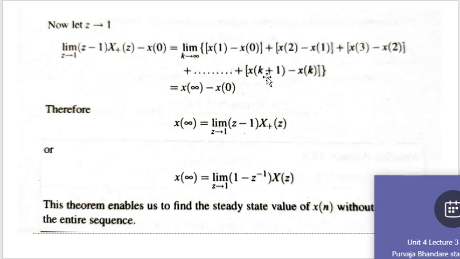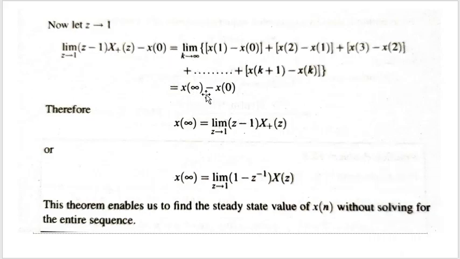As k tends to infinity, this can be written as x of infinity minus x of 0. So x of 0 on the right hand side and x of 0 on the left hand side will be cancelled. So you can directly prove that x of infinity, that is the final value, equals limit z tends to 1 of z minus 1 times X plus of z.